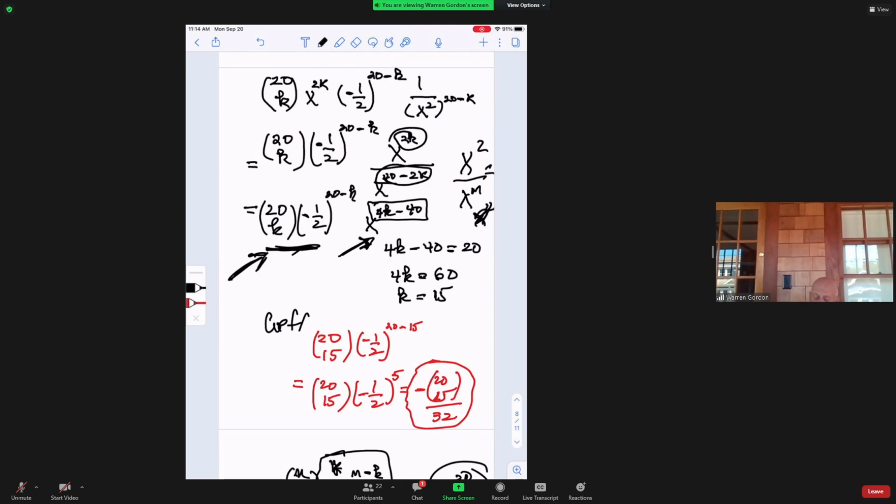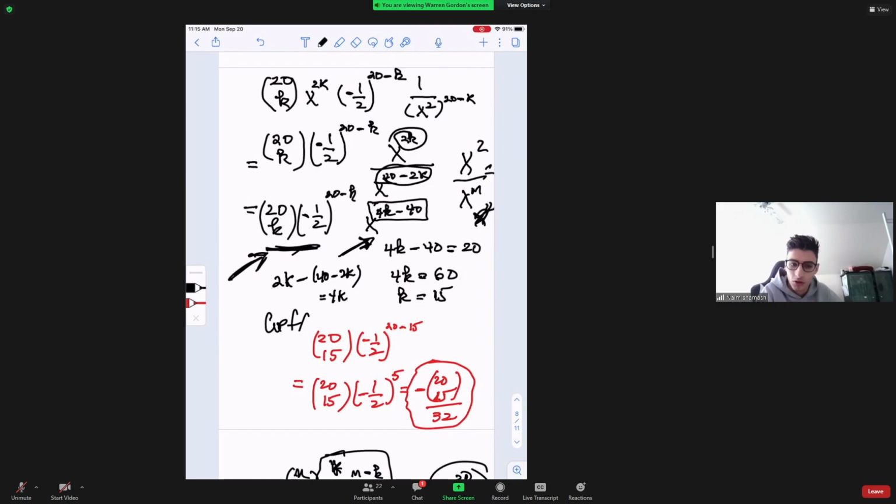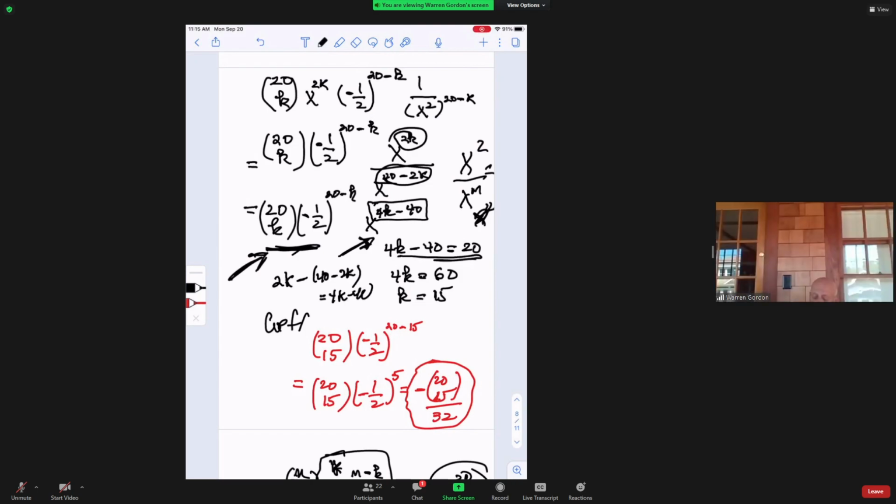So if I bring this up, I get 2k minus (40 minus 2k), and that's equal to 4k minus 40. That's the law of exponents. Well, if 4k minus 40 is 20, then k has to be 15. And then I just substituted for k.